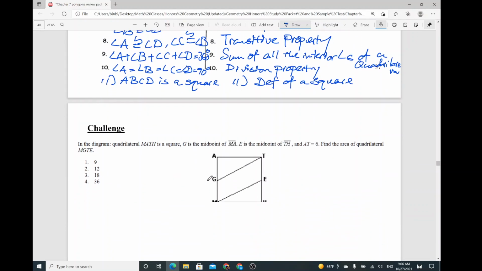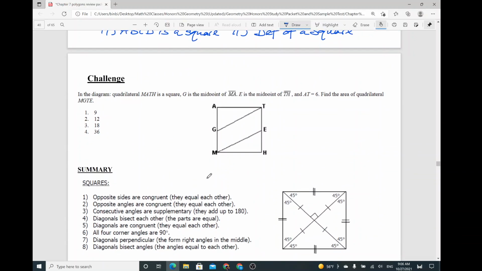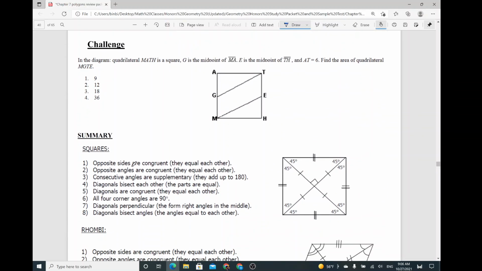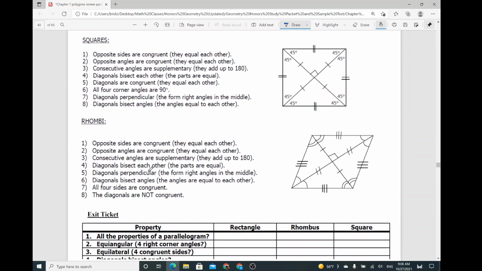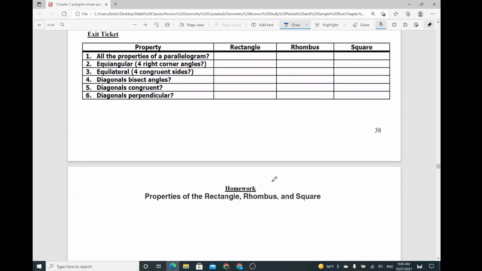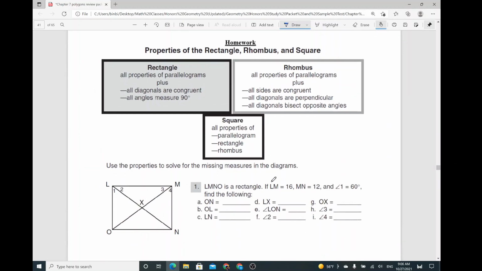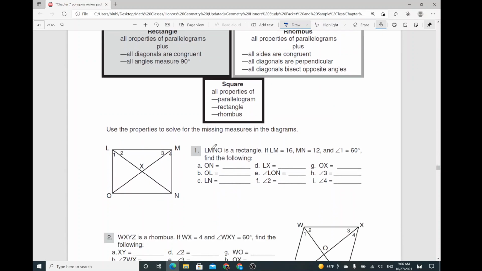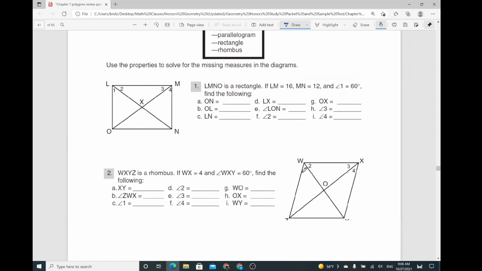Okay, so now the rest of this is more challenging problems. Make sure that you read through this one. Follow through the instructions using the properties of a square, rhombus, and then viewing this chart. And also, there are some other problems that you can work on. So the practice problem, given the diagram, you want to find the missing angle or the missing segment.